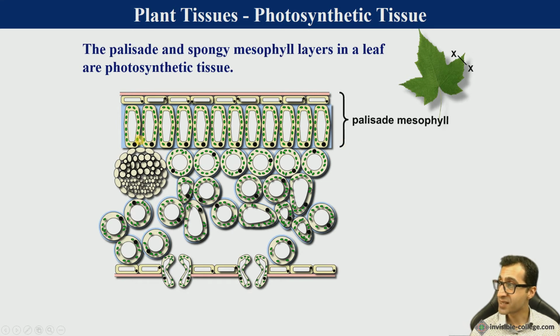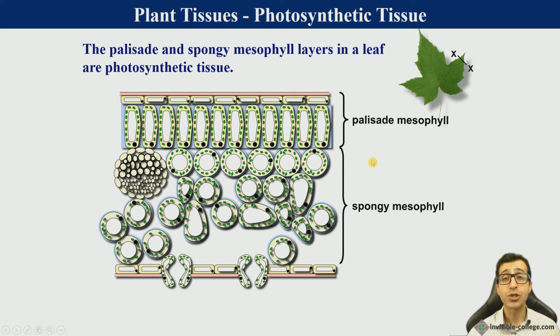These are the palisade cells here, which are arranged in this columnar fashion, and they contain a high density of chloroplasts. Here we can see the spongy mesophyll layer. Now, these cells are surrounded by a thin film of water and have these air pockets between them to facilitate efficient gas exchange. So the presence of various tissues, such as the palisade and spongy mesophyll layers of the plant, will define the leaf as a plant organ.